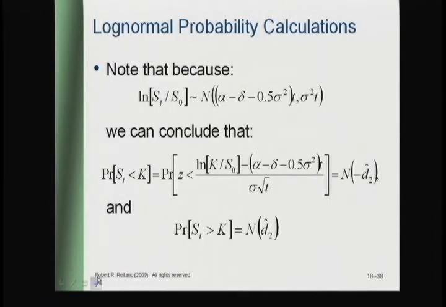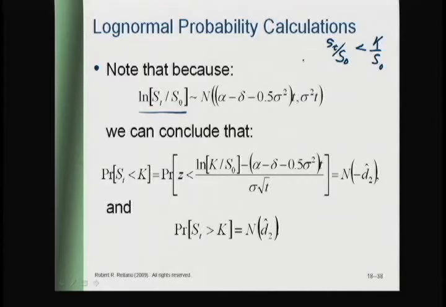What we want to do is convert ST into a unit normal. And how would we do that? Well, we have it here. We divide ST by S0, both sides, and you're familiar with this calculation. Instead of ST less than K, we say ST divided by S0 is less than K divided by S0.